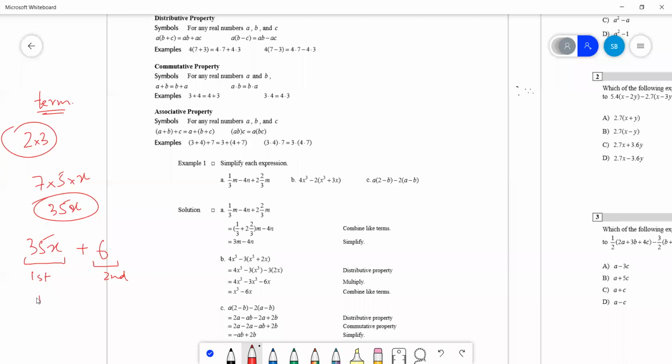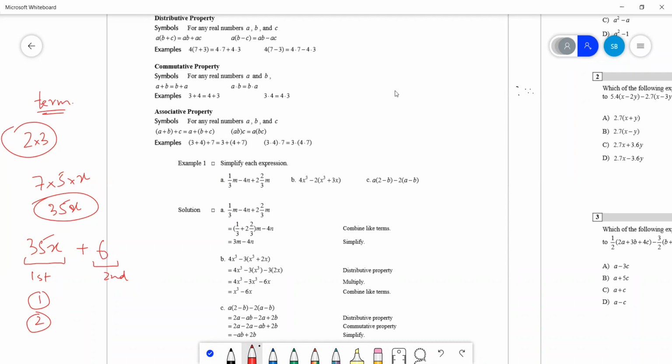You have to check two things. Remember, two things for checking whether the terms are same or different. And why do you want to know? Because if you're having same terms, then you can add or subtract them.